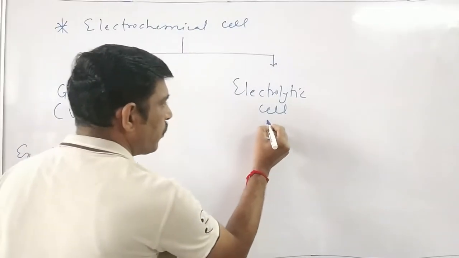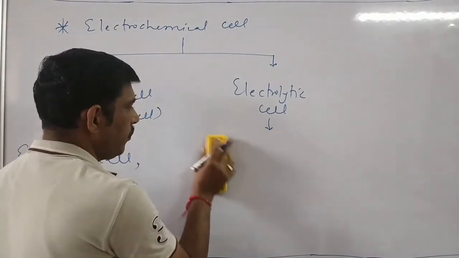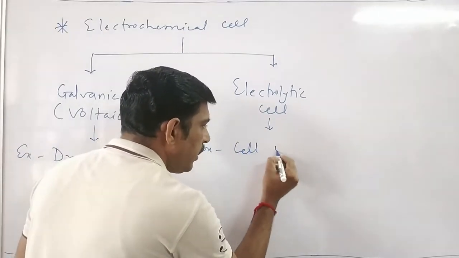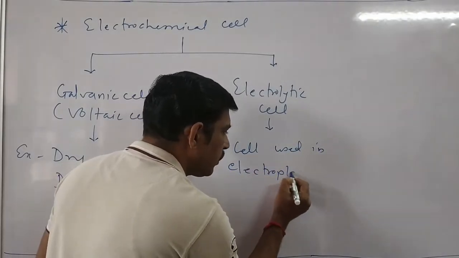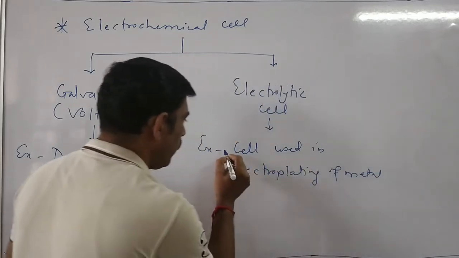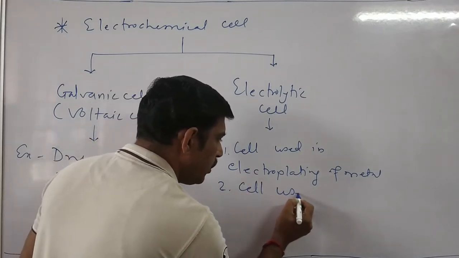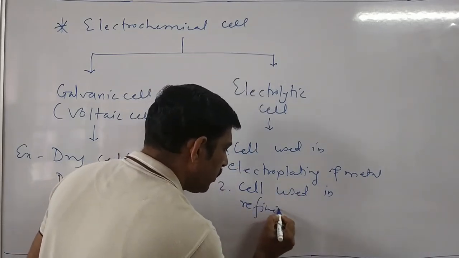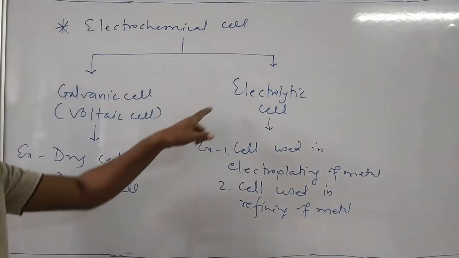The electrolytic cell, for example, is used in the electroplating process, electroplating of metal, or used in the refining of metal. So these are the two examples of the electrolytic cell.